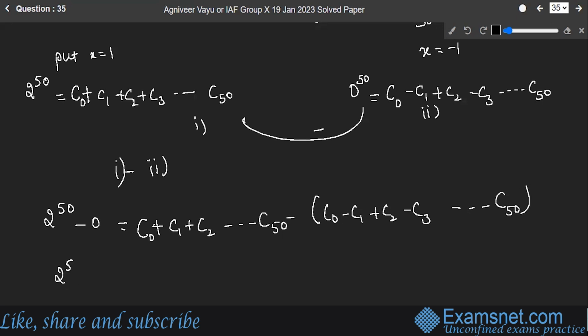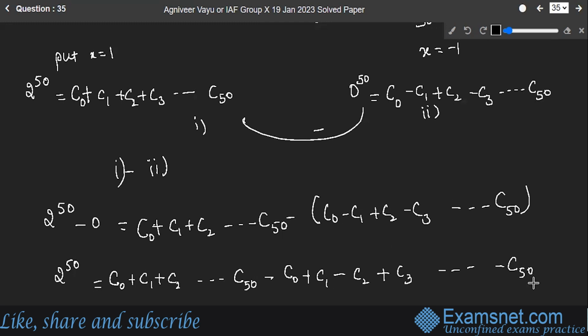So this will be 2^50 equal to C0 + C1 + C2 + C50 minus C0 plus C1 minus C2 plus C3, and so on.